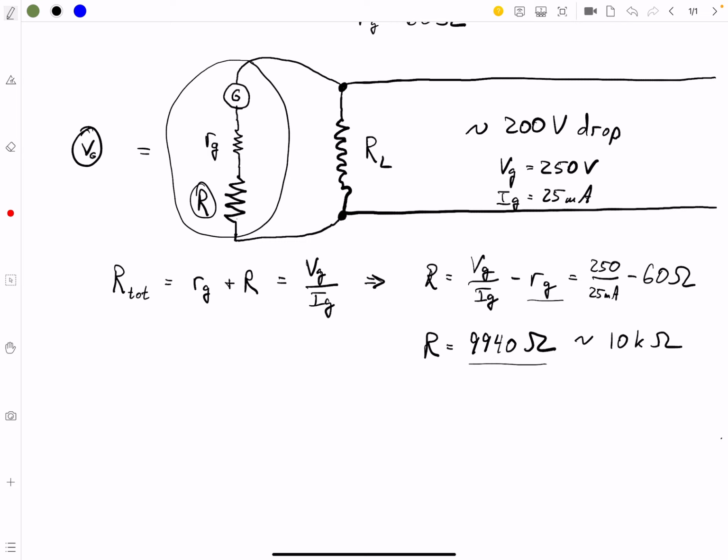So I total is 250 milliamps. That's going to be our maximum.